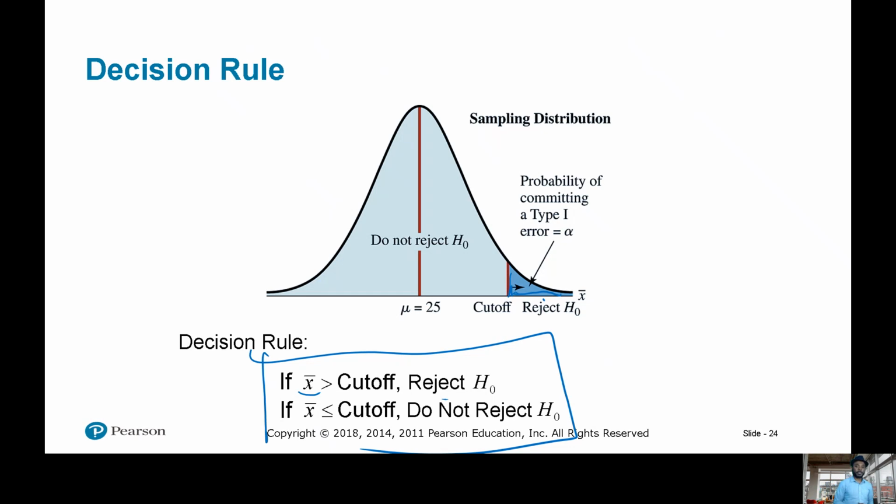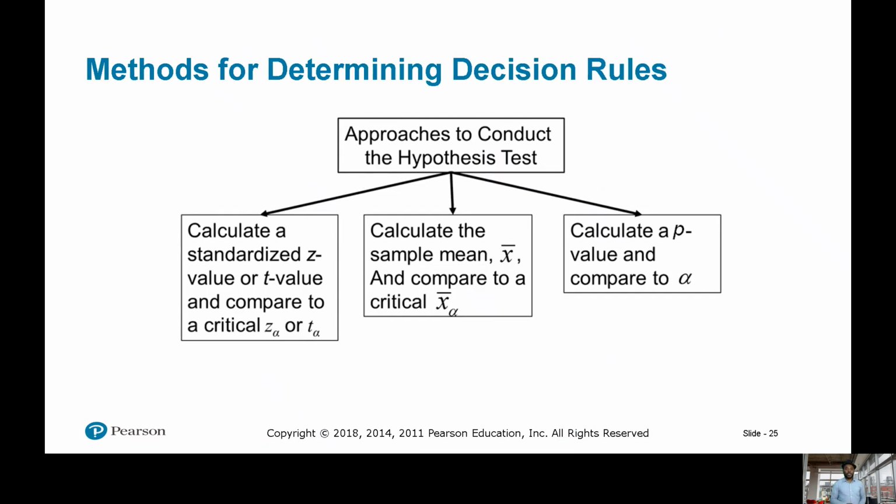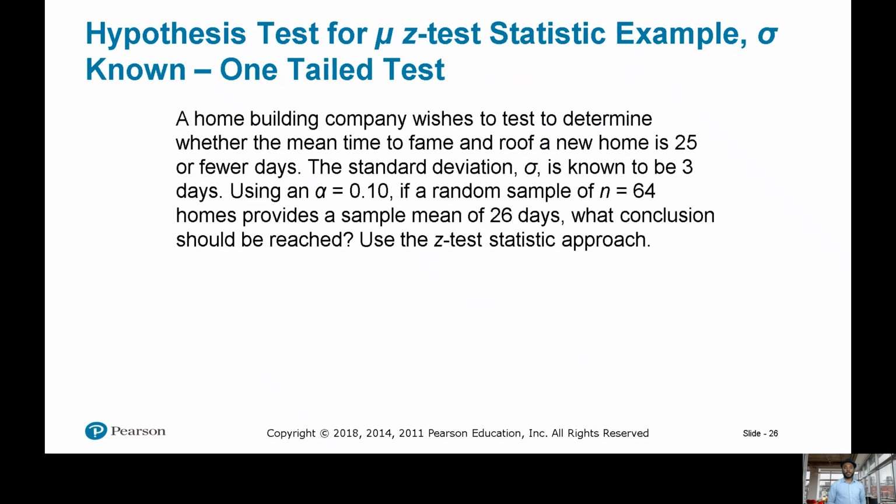Otherwise, we fail to reject. So these are three approaches to conducting hypothesis testing. We are going to look at the p-value approach and the critical value approach today. All right, so finally we can get to solve several problems.